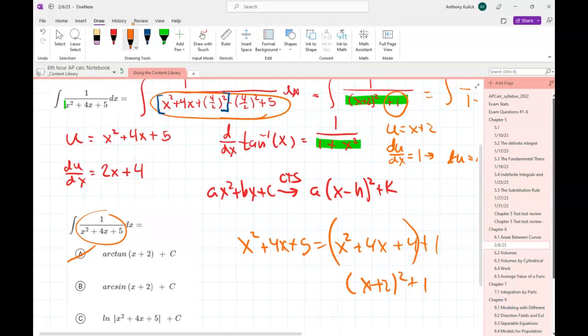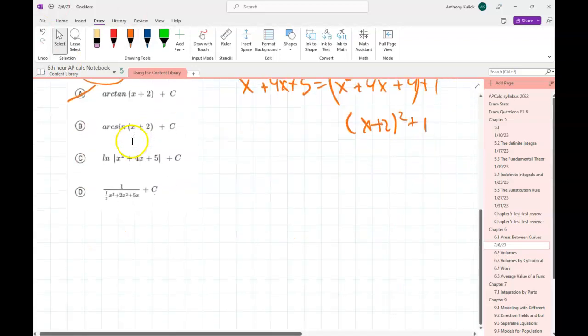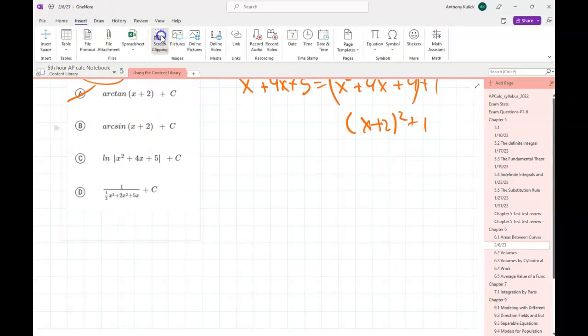If I recognize this as a problem where I have to use the tan inverse antiderivative and do completing the square, I don't really need the completing the square process here. I can just kind of fake it, and that makes life enormously easier. It allows you to do some stuff in your head, where we don't have to write a bunch of stuff down. All right, let me give you guys another one here.